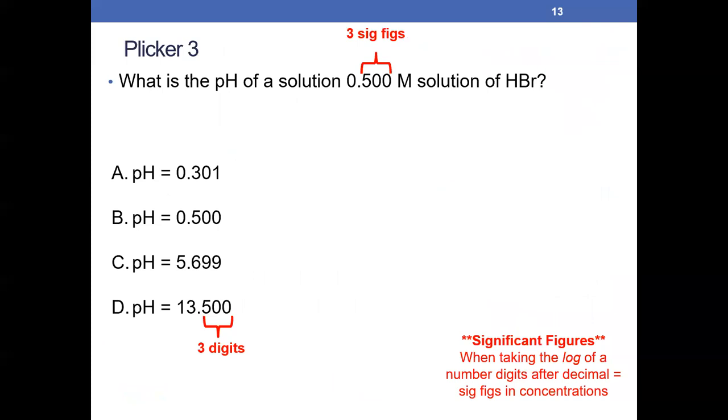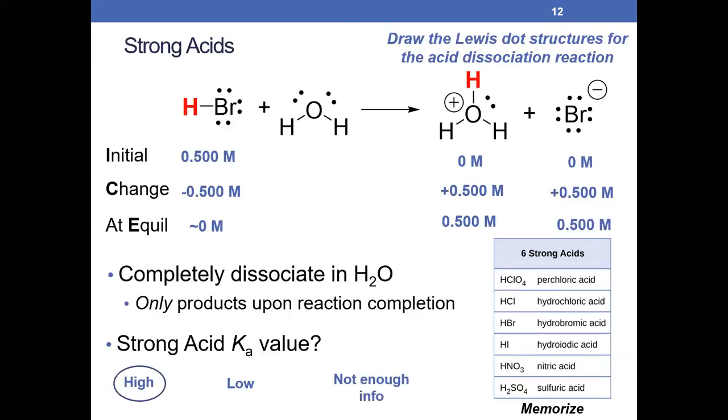Let's go ahead and practice. So what is the pH of a 0.5 molar solution of HBr? Okay, so almost all of us got the correct answer. If we look at this example here, HBr is a strong acid in solution, so we're converting all of that HBr into H3O+ and Br-.